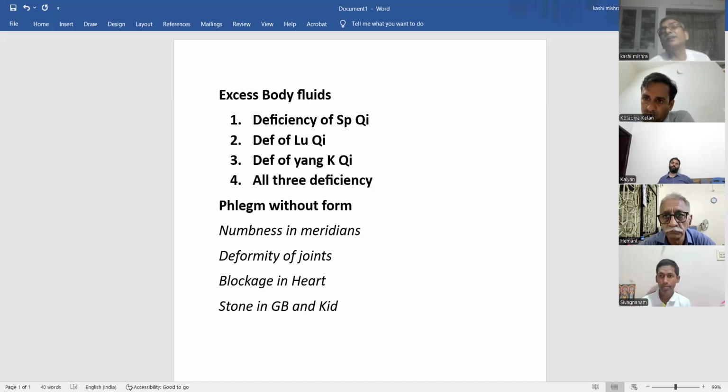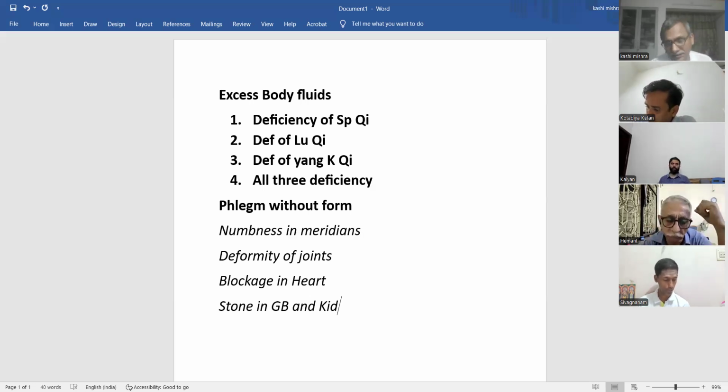Gallbladder stone is very difficult because there is no pathway for the stones to come out. Kidney में it is not so difficult. So phlegm without form can appear in such places. Phlegm under the skin, that is known as swelling of lymph nodes.